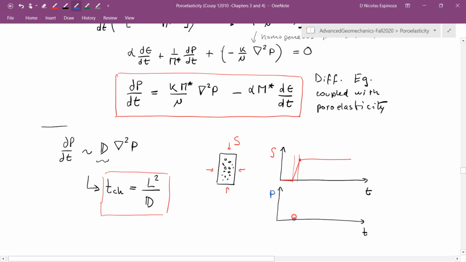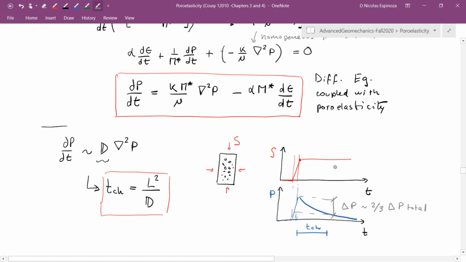Let me use a little bit of color over here. Let's imagine that it is 0, and as soon as I load it, you would expect that this is going to increase quickly, and how much it takes for this pressure to decrease is going to be given by this characteristic time, where the characteristic time T_CH is going to tell us more or less that the change of pressure is more or less 2/3 of the maximum change.